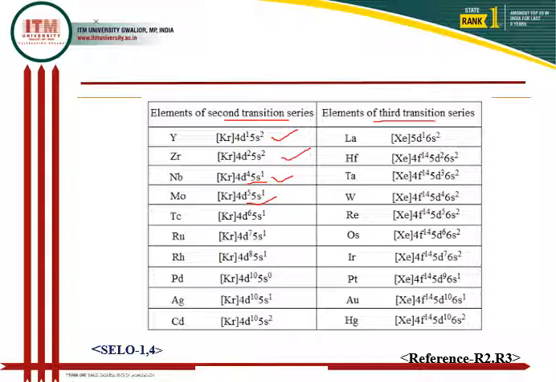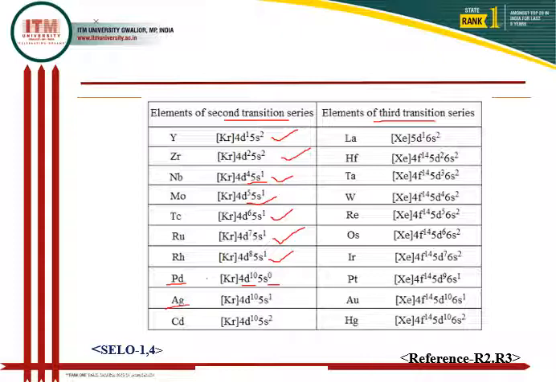Technetium is 4d6, 5s1, and it goes in the order 4d7, 5s1, 4d8, 5s1. Now after 4d8, 5s1, palladium has the complete d subshell, that is 4d10, 5s0. So it comes in complete.